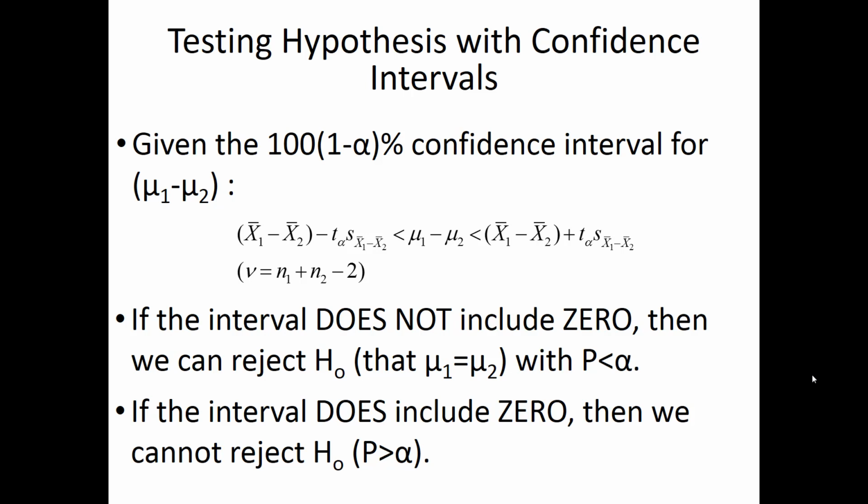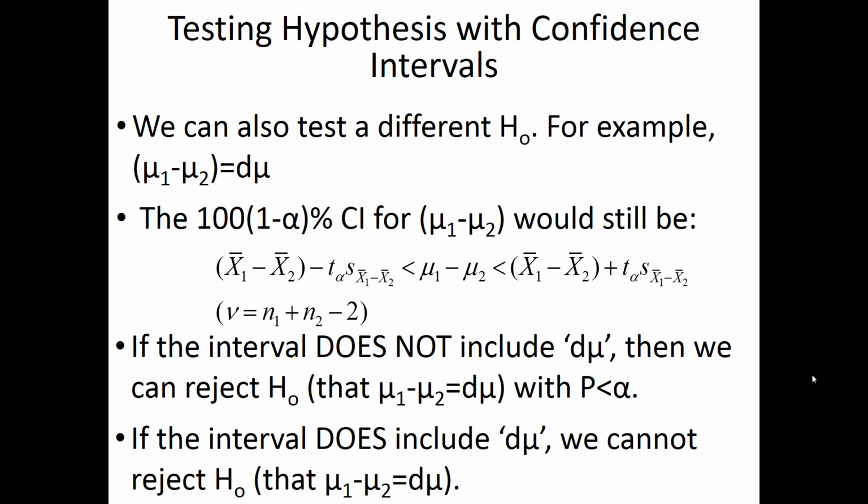Given the 100 times (1 minus alpha) percent confidence interval for the difference in the population means, if the interval does not include 0, then we can reject the null hypothesis with p less than alpha. If the interval does include 0, then we cannot reject the null hypothesis. We can also test a different hypothesis, for example, whether the difference in the means is equal to d mu.